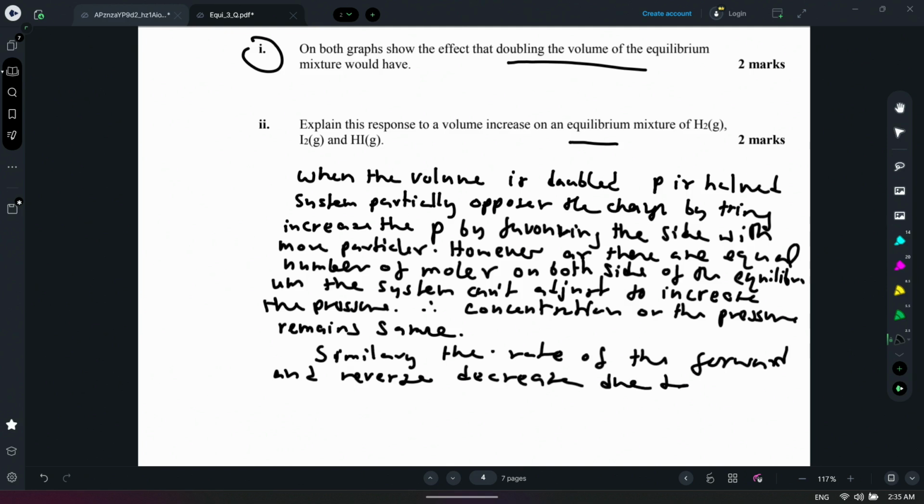You have to say that you are increasing the volume.